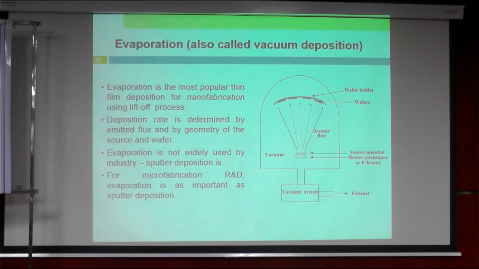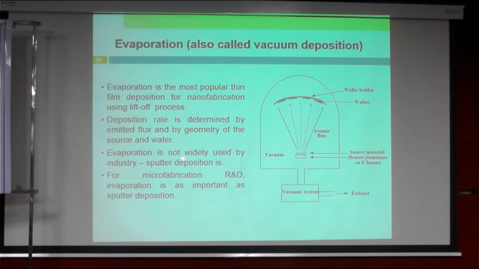Evaporation is the most popular thin film deposition for nanofabrication using the lift-off process, because in lift-off, you want the deposited thin film to be a sacrificial layer, basically. So you want to lift off. Deposition rate is determined by emitted flux and by geometry of the source and wafer.